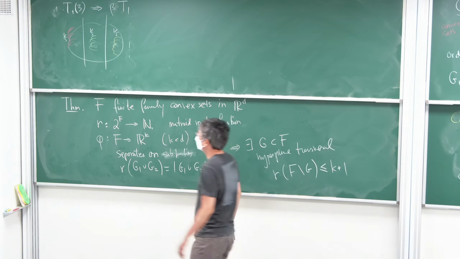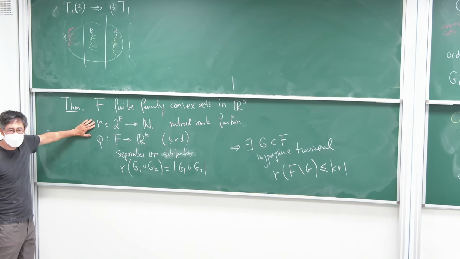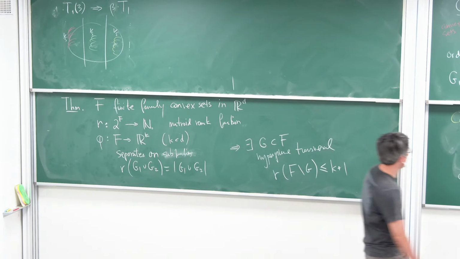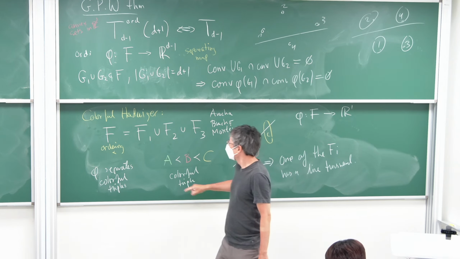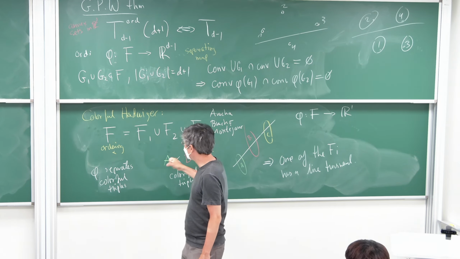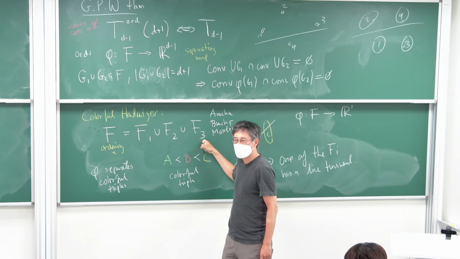This type of matroid coloring was introduced by Kalai and Meshulam. If I had, for example, families F1, F2, F3, I could form what's called a partition matroid, where the independent sets are those where you take one guy from each color class.